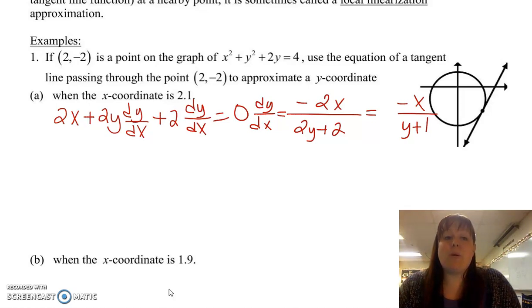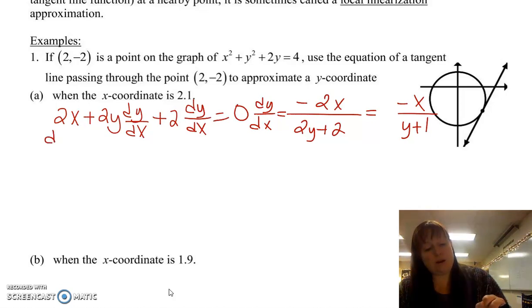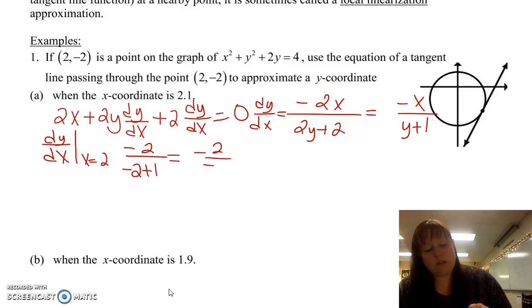So what is the slope when x equals 2? Well, we could say dy/dx evaluated at x equals 2 is negative 2, and we know when x equals 2, y equals negative 2, so negative 2 plus 1, which is negative 2 over negative 1, which is positive 2, I mean.